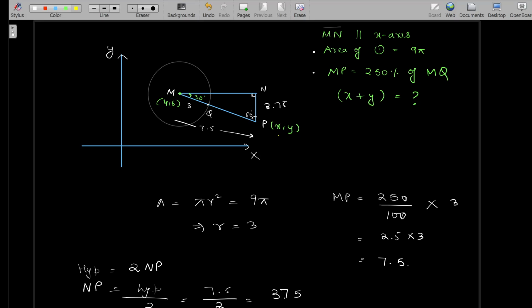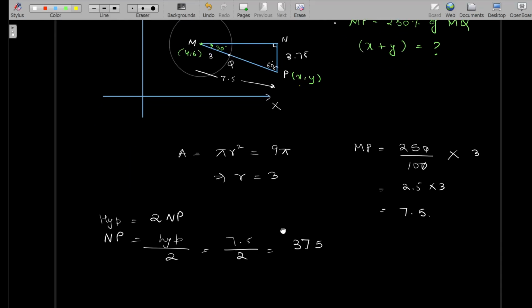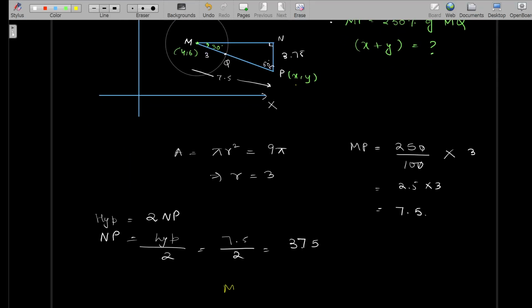So NP is 3.75 and MN is root 3 times the smallest leg, or you can also use the Pythagorean theorem to find the value of MN. So I'm going to use the Pythagorean theorem.